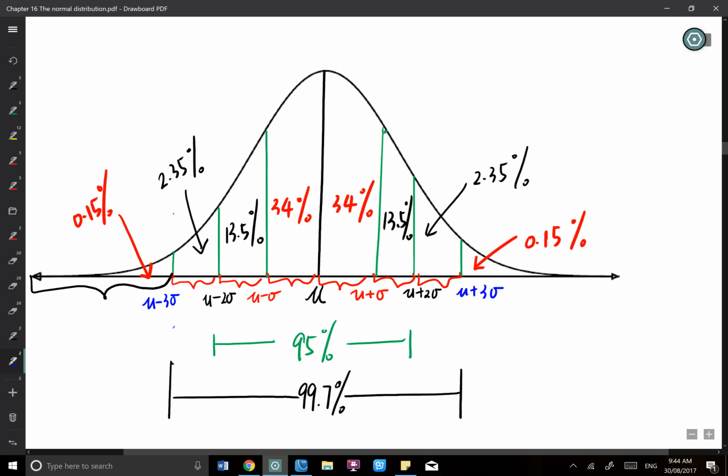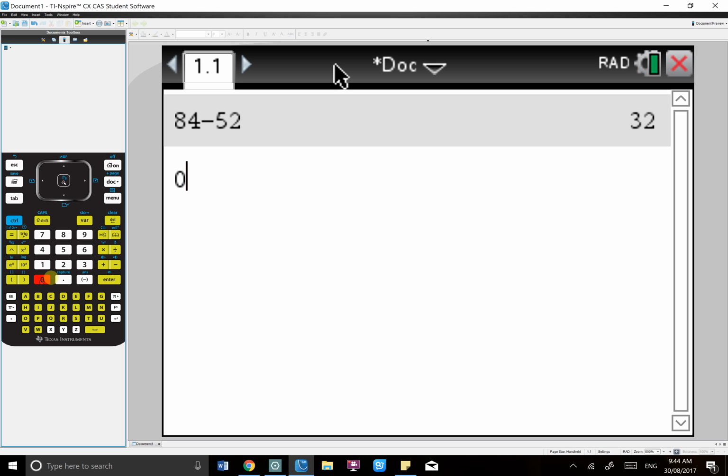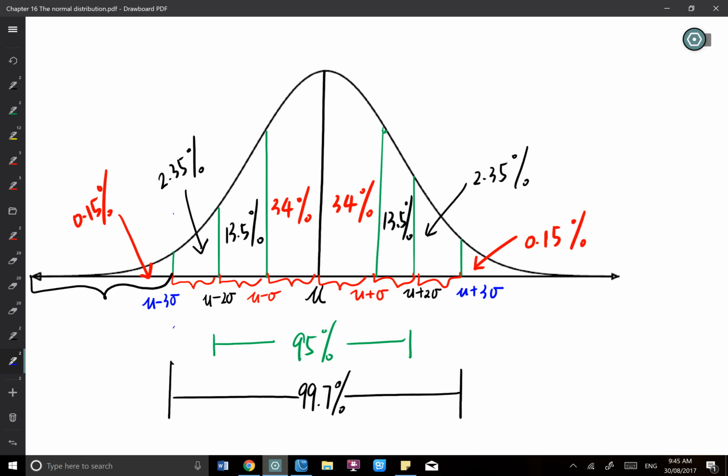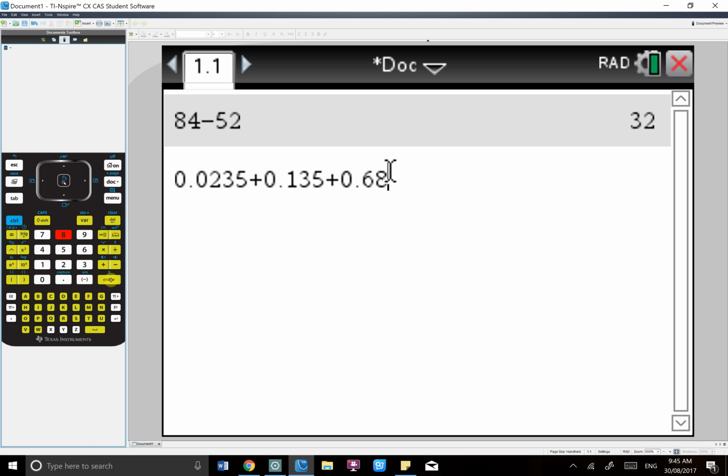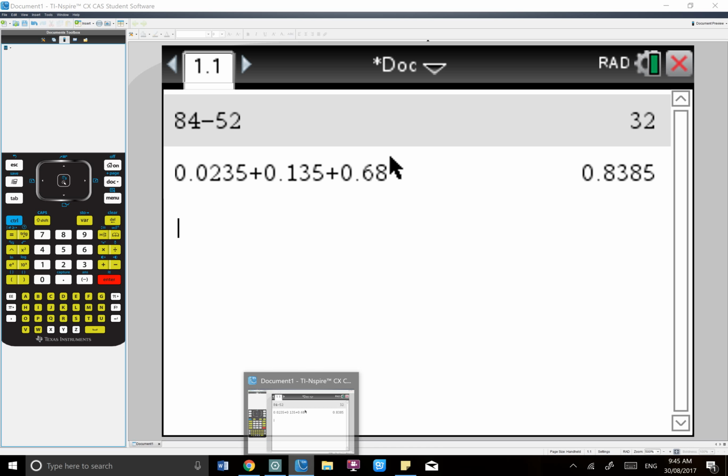So -3 to 1 is 0.0235 plus 0.135 plus 0.68. 68% is -1 to 1, and you have -3 to -1 as well. So 0.0235 plus 0.135, and that equals 0.8385.